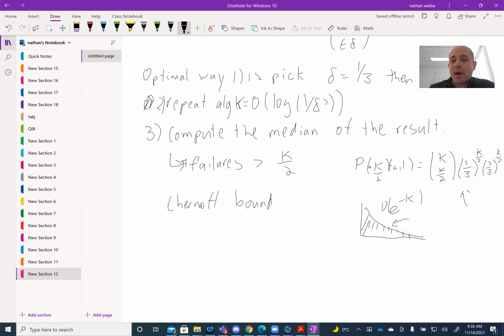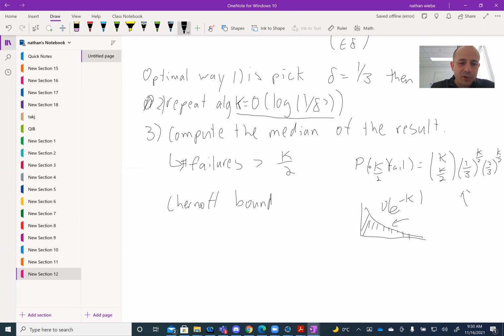All right, and so by going through and figuring this out, you can see that if we wanted to make the probability of failure delta, we only need to choose a K that goes like log 1 over delta. So that's where this part comes in. It's from the Chernoff bound, which gives us that the tail probability for the binomial distribution shrinks exponentially.